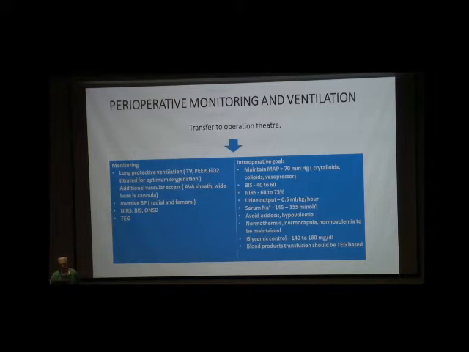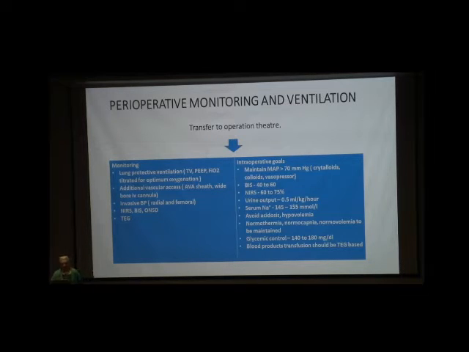The other important thing to note is that all the syringe pumps should have a proper battery backup, so as to avoid any discontinuation of vasopressors, inotropes or sedation during the transport.